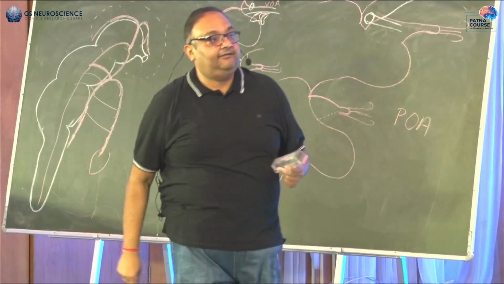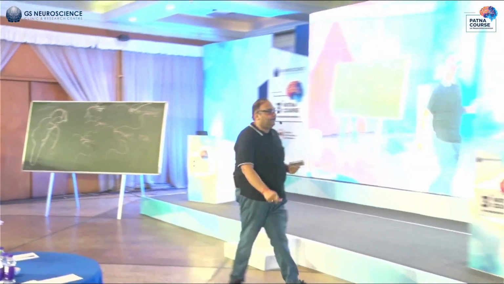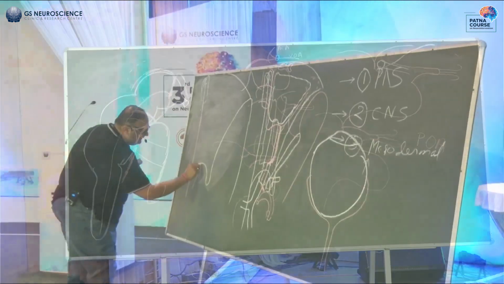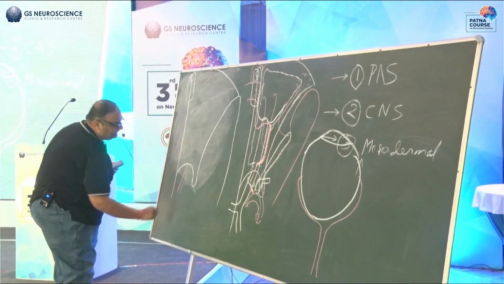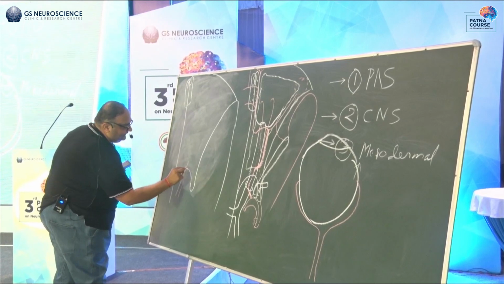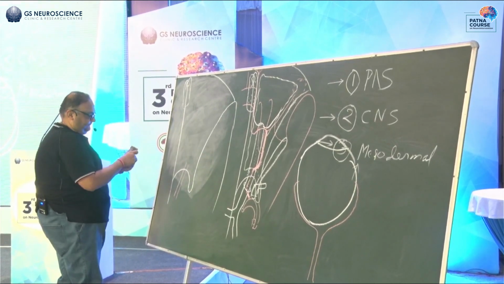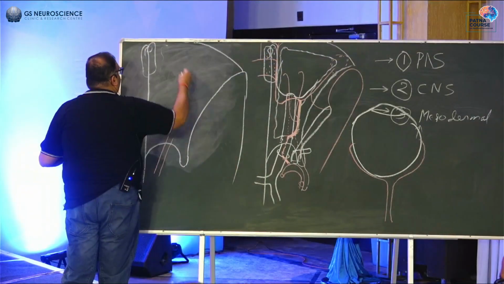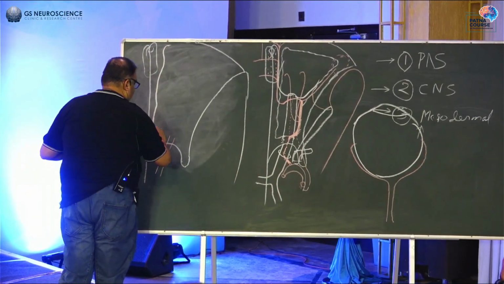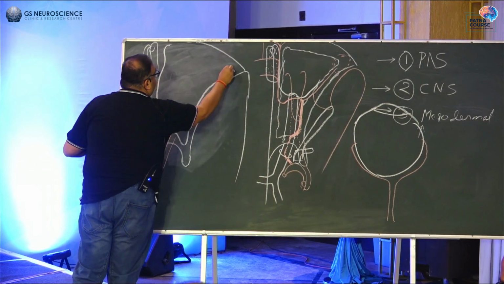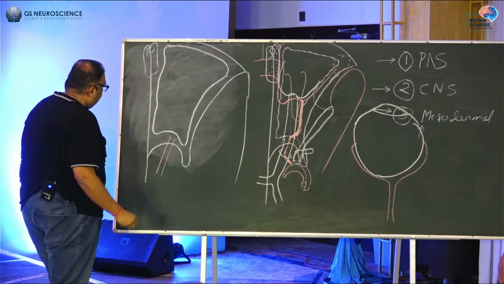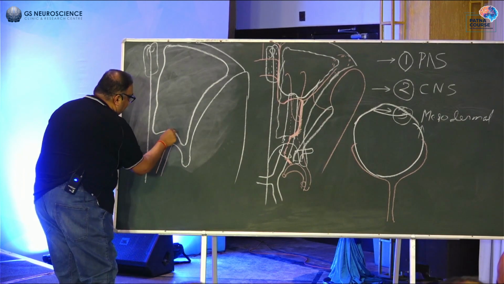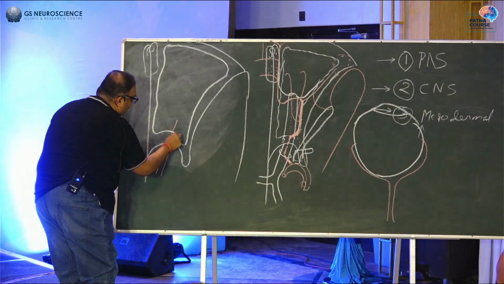So now, when we try and draw this here, what we will see is the ophthalmic artery entering into the orbit. We have again made a dissection in the roof of the orbit. This is a dotted line. This is a dotted line. Now this ophthalmic artery has come inside.